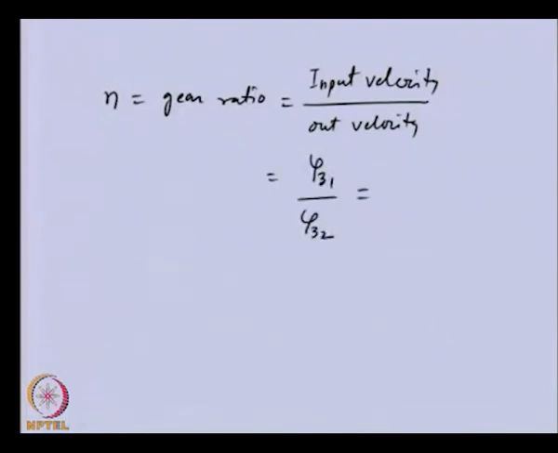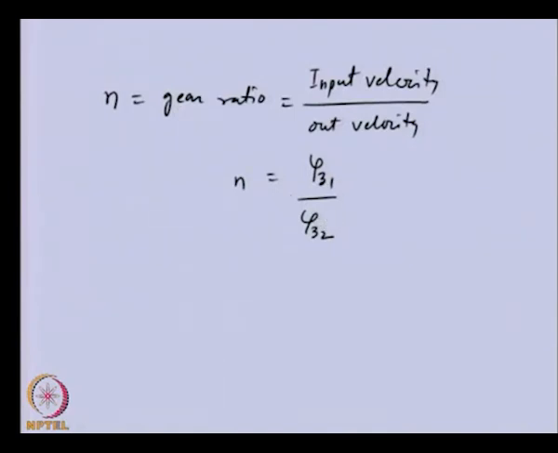or even it will be equal to omega 1, the nominal speed of the gear. So, let us take the angular displacements as the gear ratio, in which the input angular displacement is divided by the output angular displacement.